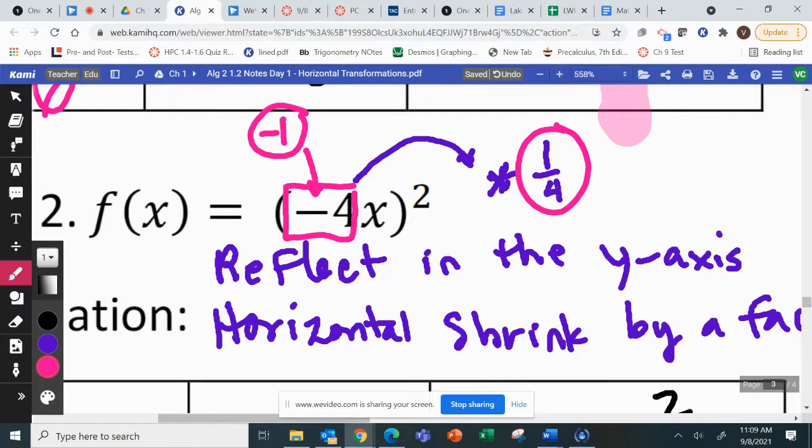I forgot when I first did it to multiply by just -1/4 because you can combine them. So after I forgot to do that, I went back and just multiplied by -1. But if there's a negative there and a number, we got to multiply by both things. Okay.